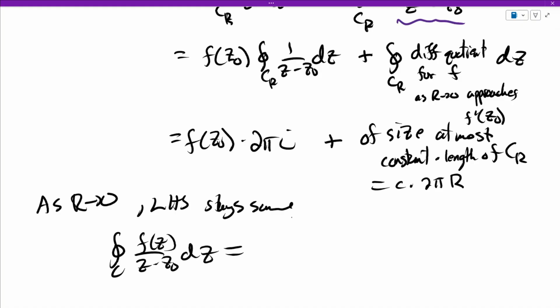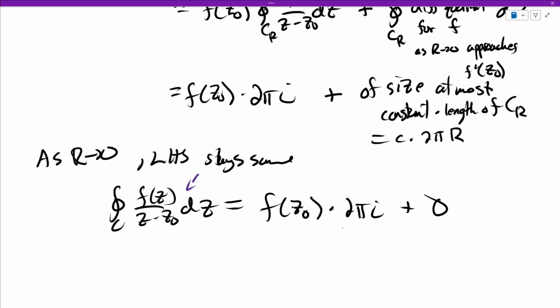And the right-hand side, well, this first portion is a constant, so that's f of z naught times 2 pi i, plus something which has size going to 0 as capital R goes to 0. So that vanishes eventually in the limit. All right, so then we solve for f of z naught, and we have the result.